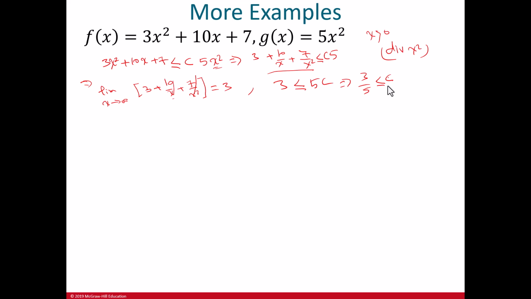So what we will do then, because this one is less than 1, we're going to make C equal to 1. So this is my first value.